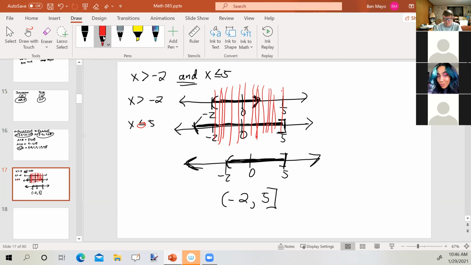So what method will we use in WebAssign to write this down? That's a good question. I'm trying to remember. I don't remember. I think they have some multiple choice stuff. In other words, are they going to ask you to graph it or use interval notation?